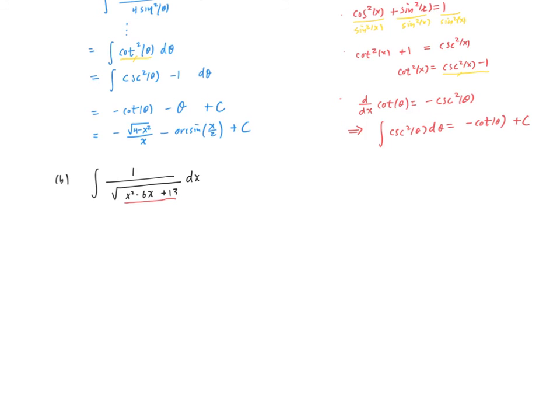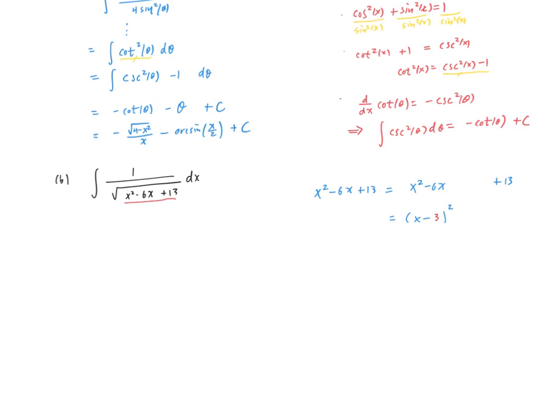So let's look at this quantity, x squared minus 6x plus 13. How I want to think of writing this is x minus something squared plus a number. So if I have x squared minus 6x, that would be the first two terms of x minus what number squared? 3.